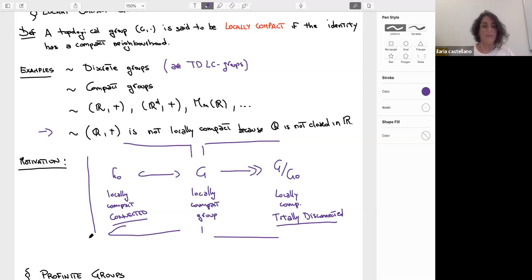At the same time, this part here, the connected one, is the part we are happy with, because it was probably at the end of the 90s that there was the famous solution of the Hilbert fifth problem.